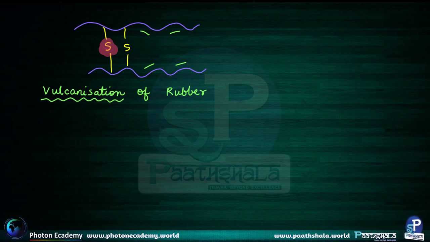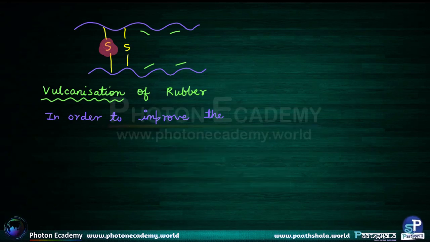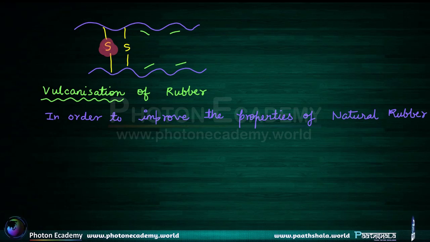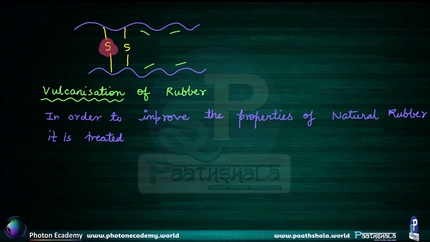So vulcanization of rubber is done in order to improve the properties of natural rubber. What we do is it is treated in the presence of sulfur, and this process is known as vulcanization.